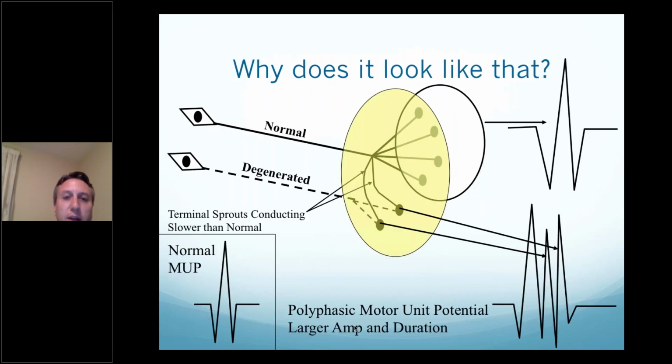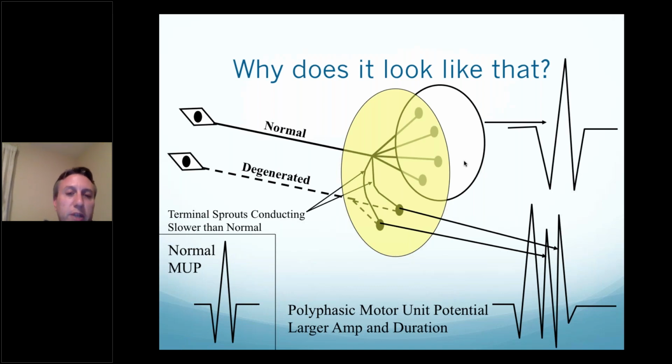Got it. And then why does it look like that? This is a busy slide, but the reason why it looks polyphasic is because in a normal motor unit, you remember it's one axon plus all the muscle fibers that one axon innervates.